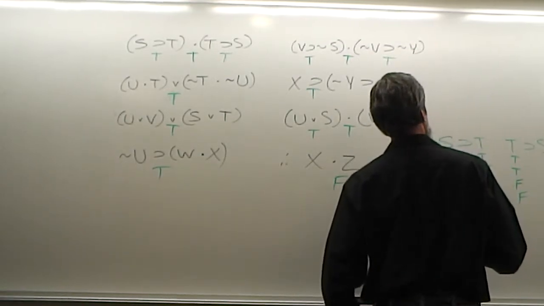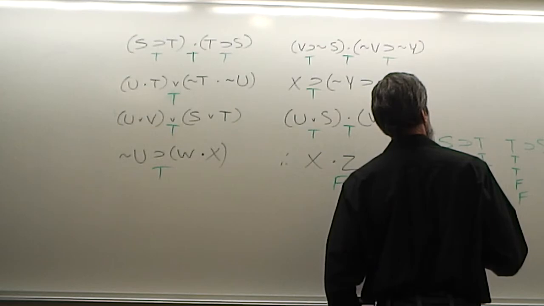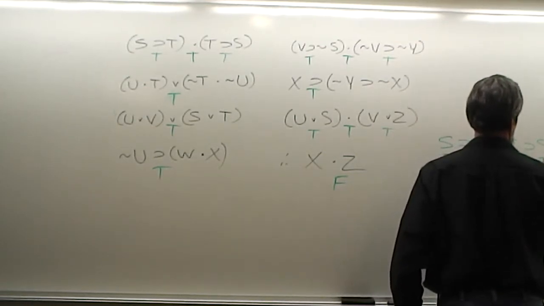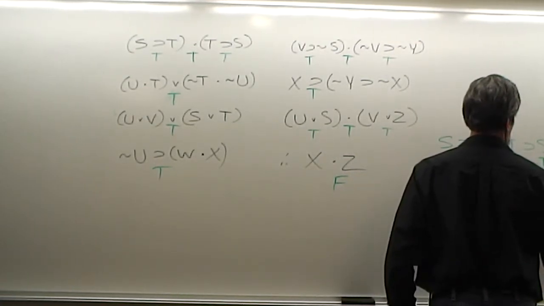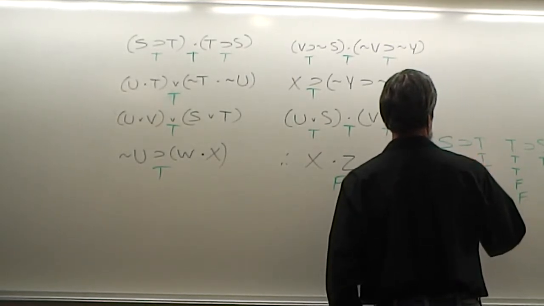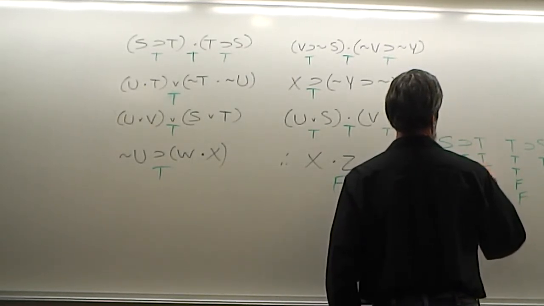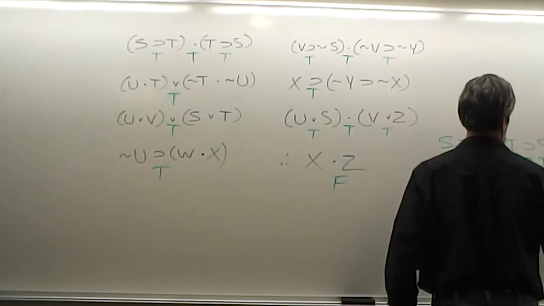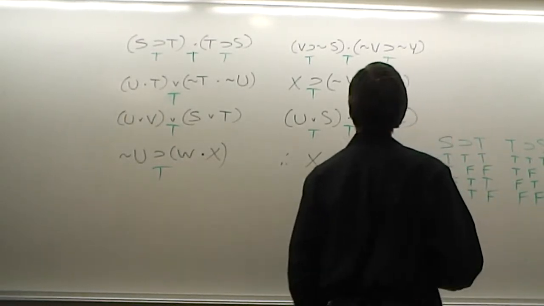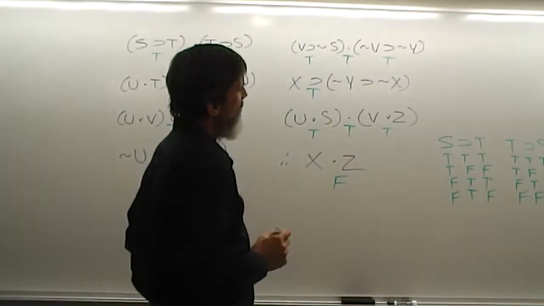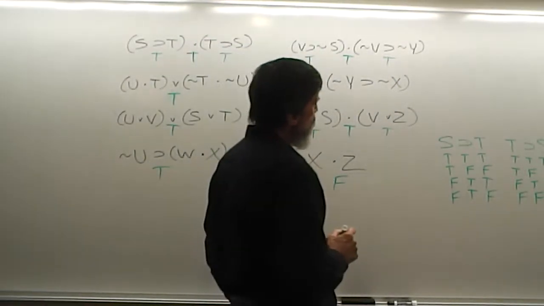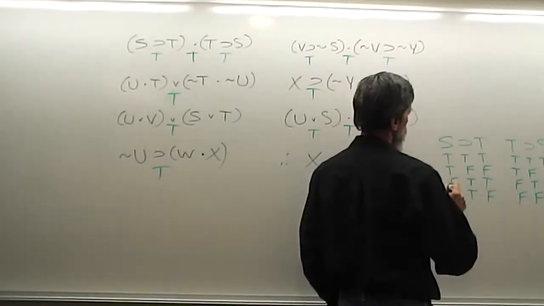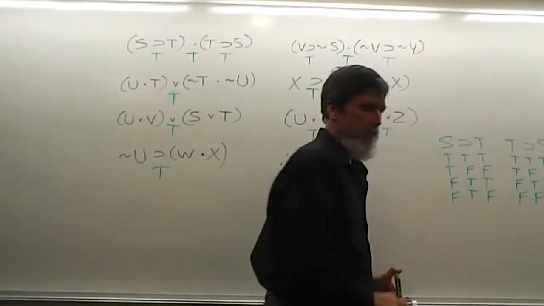To make S horseshoe T true, we have these three choices.